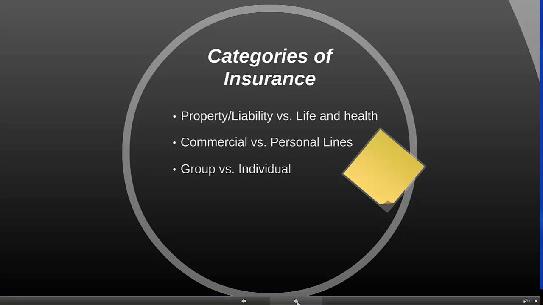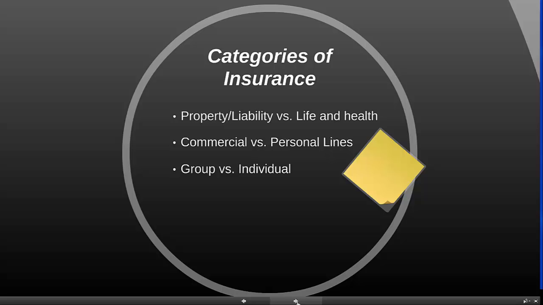Then there's group versus individual insurance. Group insurance is insurance that's sold through a group, usually an employer. Individual insurance is sold directly to the individual. Group insurance is usually less expensive, in part because the employer often pays a portion of the premium, but not always.